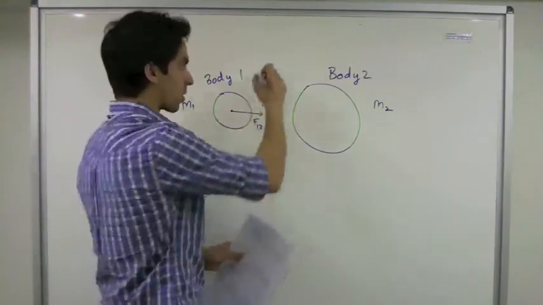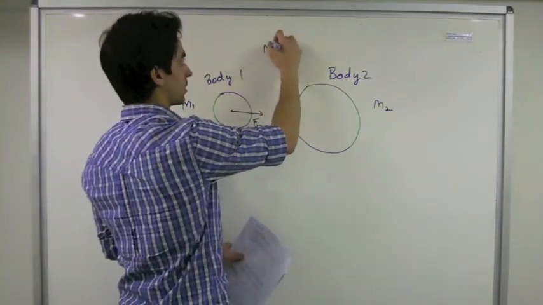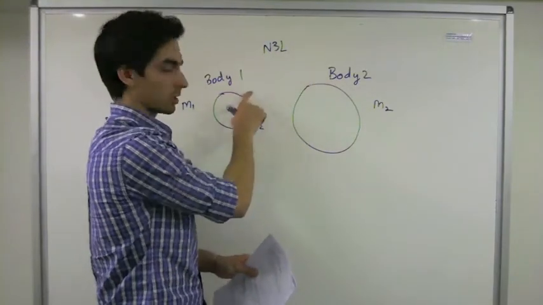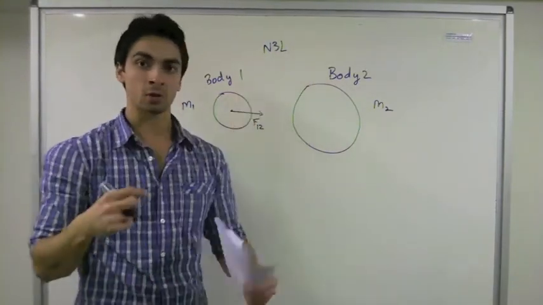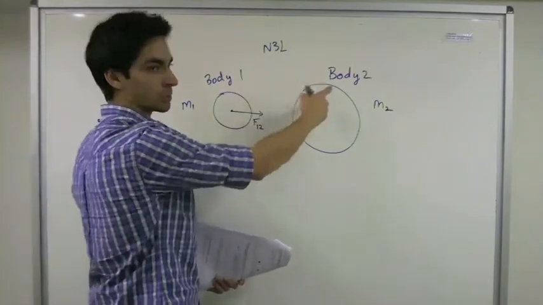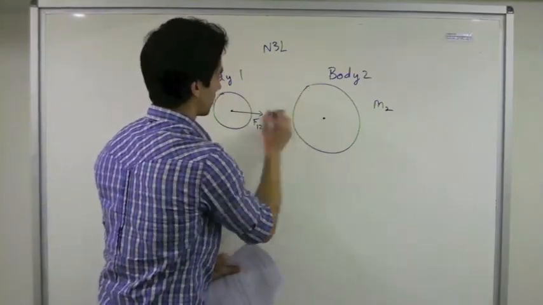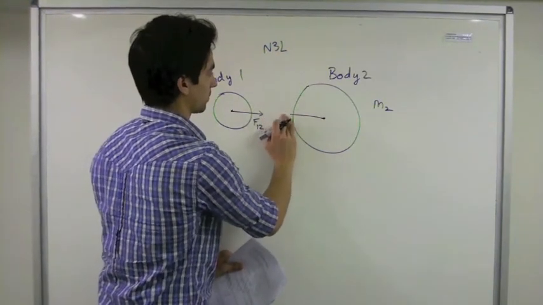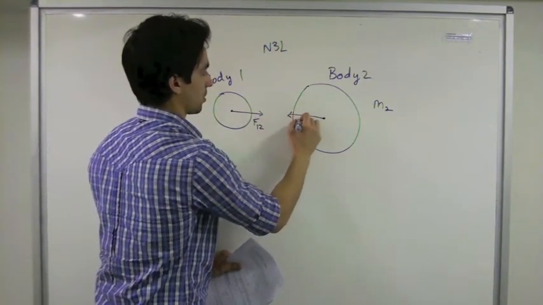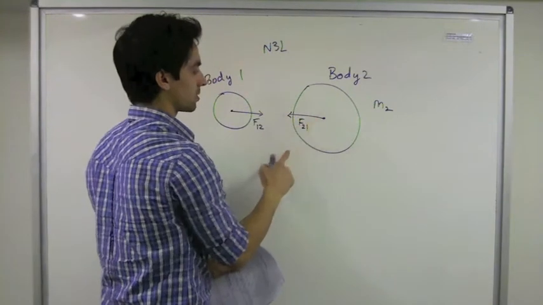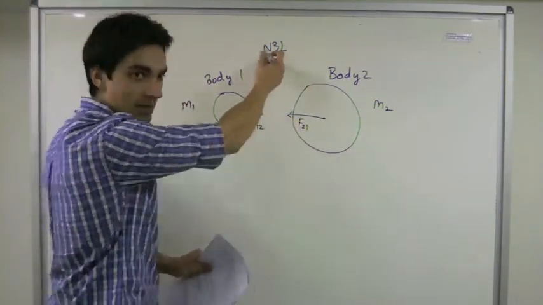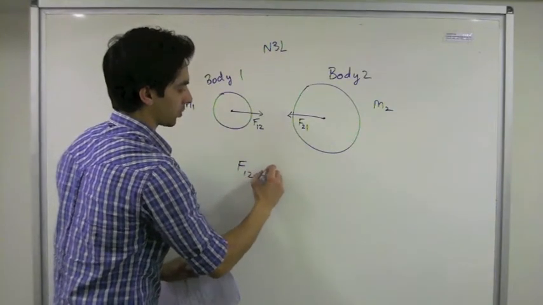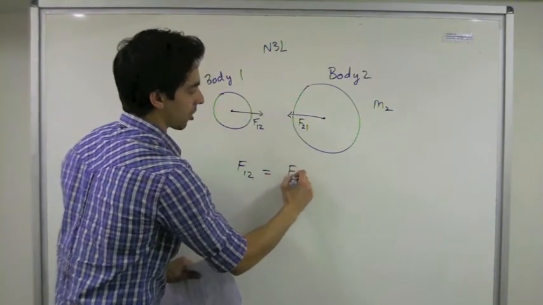By Newton's third law, we know that if body 2 exerts a force on body 1, body 1 will exert an equal and opposite force on body 2. So therefore, body 1 will exert a force F21 on body 2. Okay, and like we said, from Newton's third law, we know that these forces are equal and opposite.